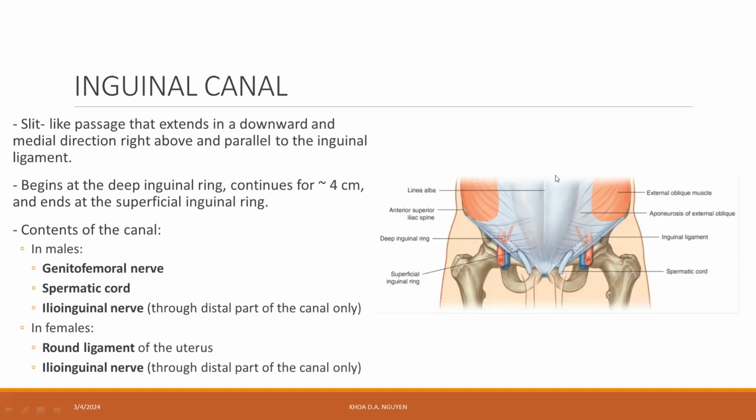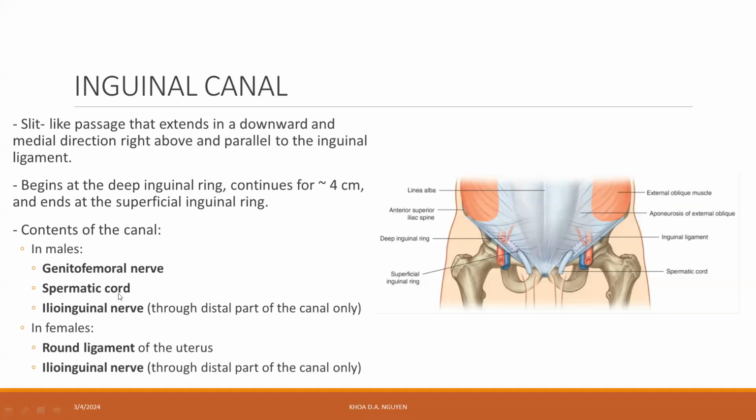Now, the contents of the inguinal canal are going to be different in males versus females. In males, you will have the genitofemoral nerve and the ilioinguinal nerve, through the distal part of the canal only. And the most important structure is going to be the spermatic cord, okay? The spermatic cord is going to contain the vas deferens, as well as the blood vessels for the vas deferens, as well as some important nerves that are in there.